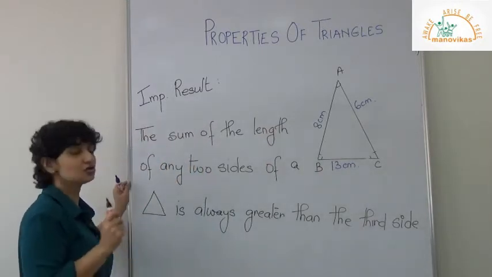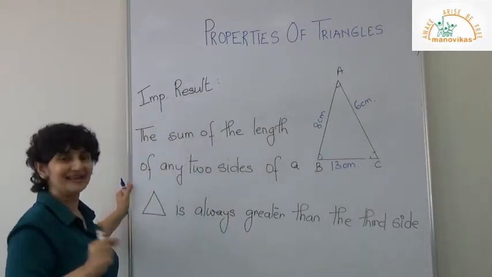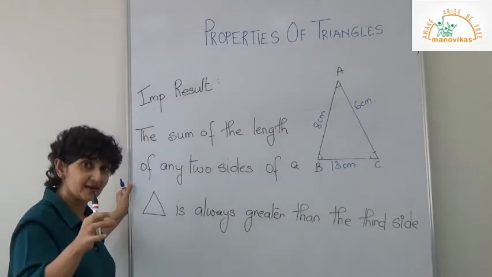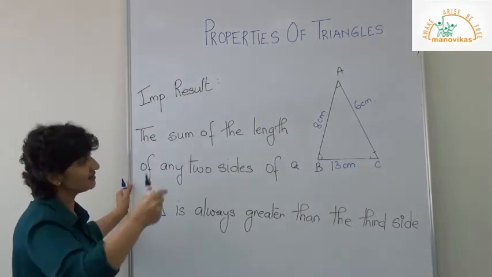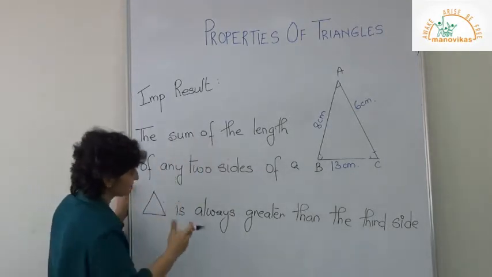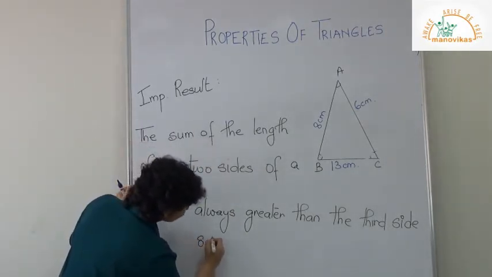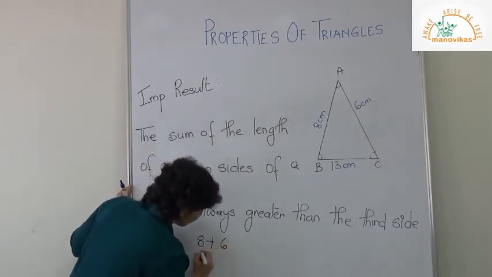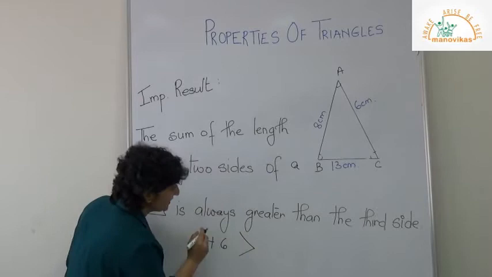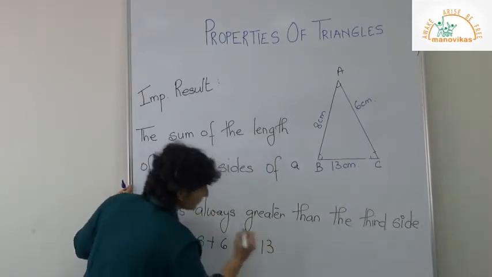According to your property, the sum of any 2 sides, when you add those 2 sides, should always be greater than the third side. Let me take the smaller 2. I have 8 plus 6, children. So when I add 8 plus 6, this answer should be greater than 13.